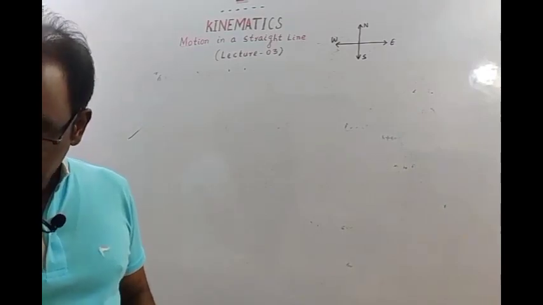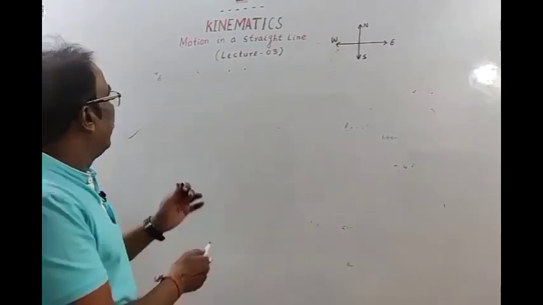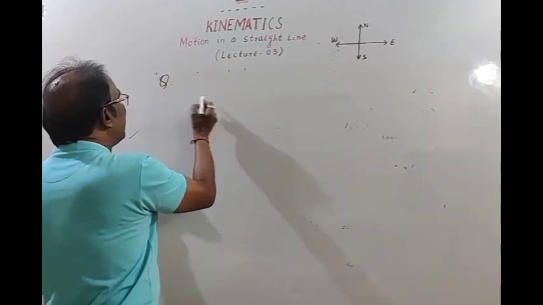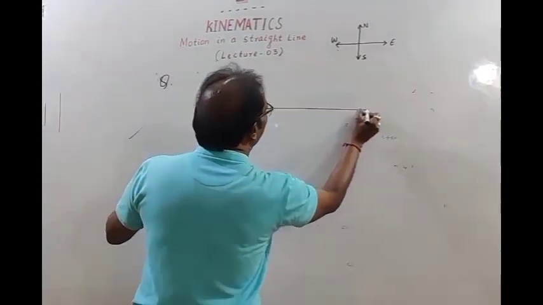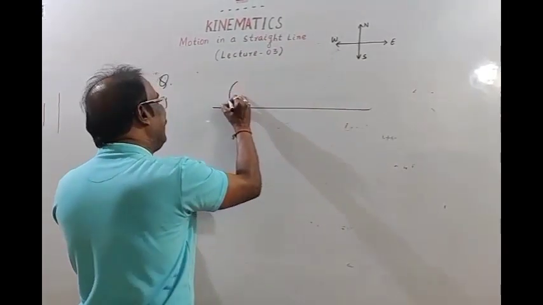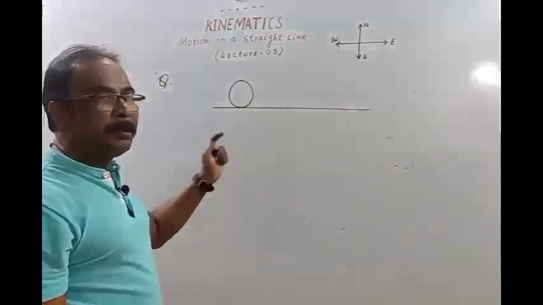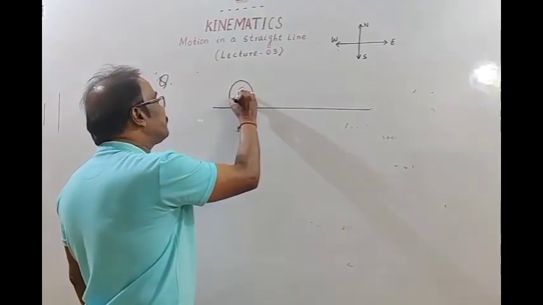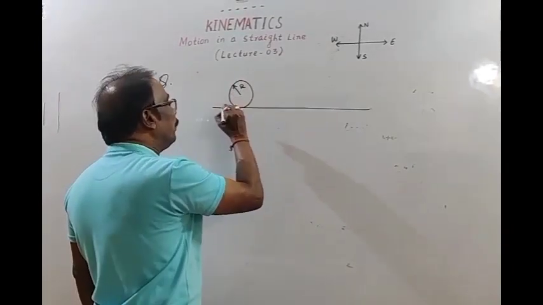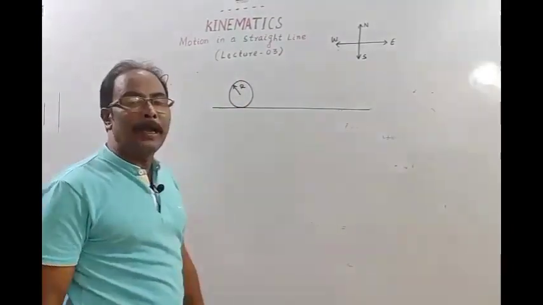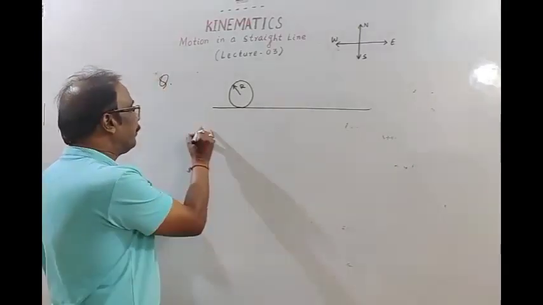Next question we are going to solve. I do not remember the name of this question. A wheel of radius R rolls on a horizontal surface.